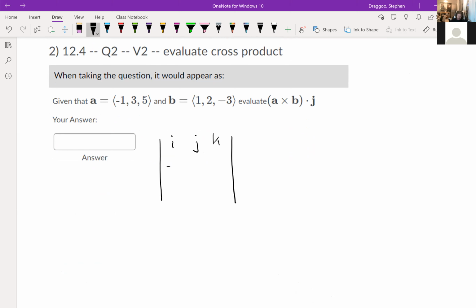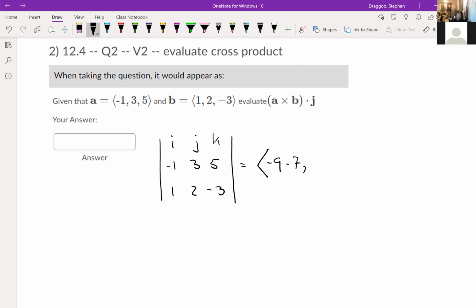We had -1, 3, 5 cross 1, 2, -3. Our resulting vector over here. For i, I've got 3 times -3, which is -9, minus 5 times 2, which is 7.